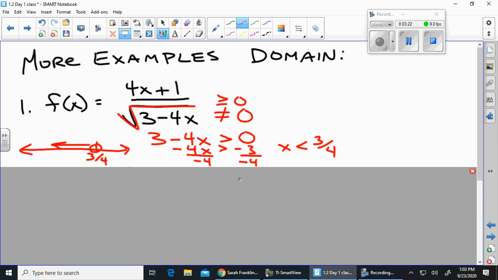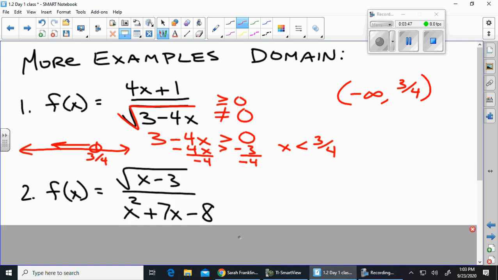X's less than 3/4 mean you can put negative infinity all the way to 3/4 into that function and you won't get an error. If you put in 1 for x, your calculator would say error, but it's because of the bottom.